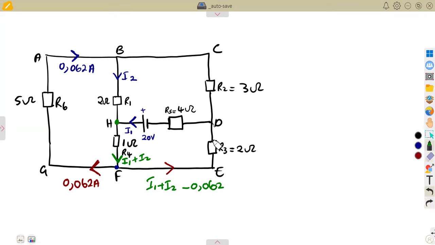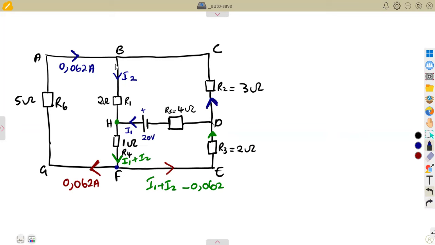This is the current flowing at this point at D. This is the same current that we have from E to D. Remember, FED is the same current there. But from D to C to B, there's another current flowing, and we do not know this current.